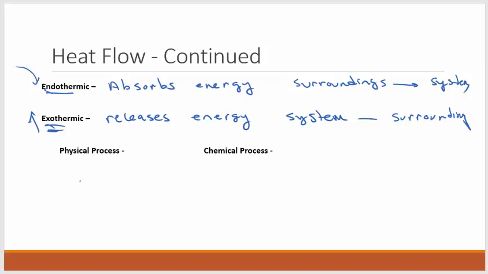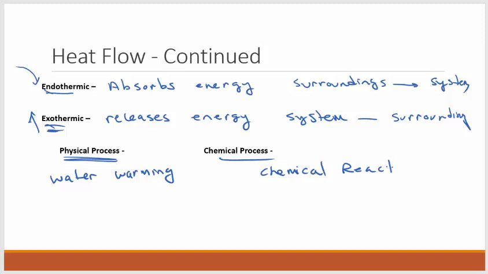The first thing we need to do is figure out, are we talking about a physical process, like water warming up or cooling down for that matter, or are we talking about a chemical reaction? We'll look at this in much more detail as we move forward. If you have a chemical reaction and it is exothermic, it's releasing heat and it will feel warmer.